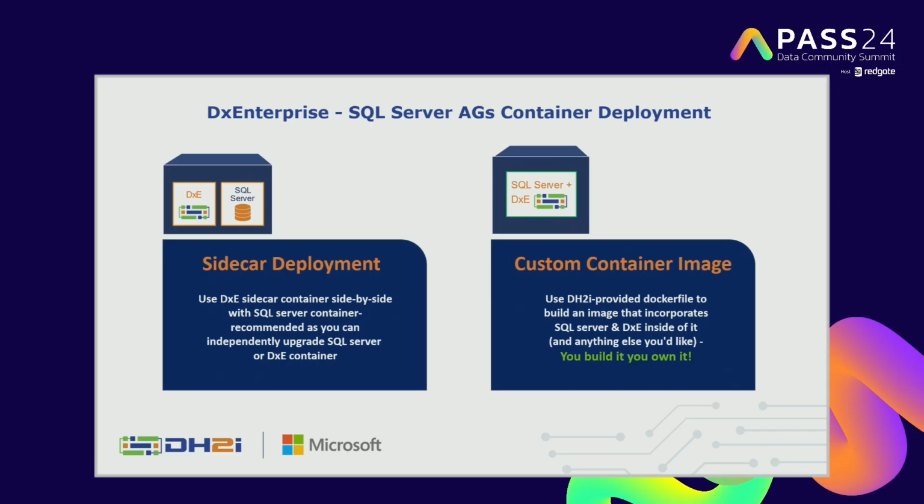Then, when it comes to containers, there are two models really that you can do. One is to create what I call a single bundle image. You take your SQL Server, you take your DX Enterprise, combine them into a single image, and then you deploy it in your environment.